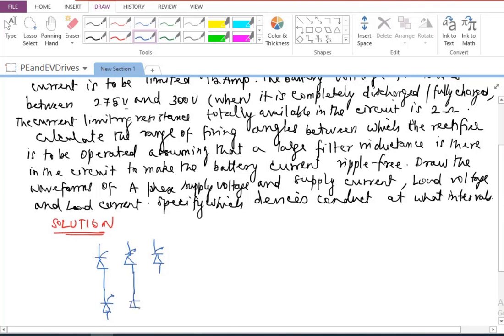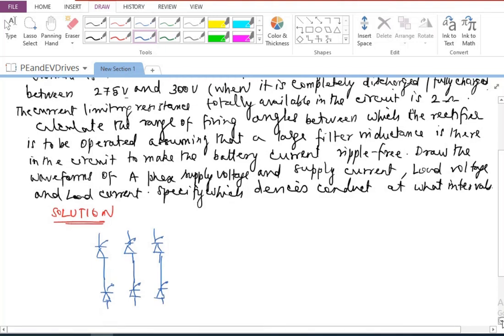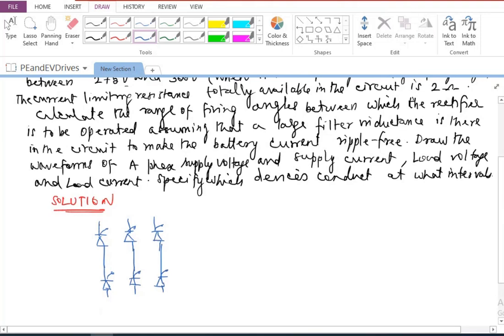So these are the 6 devices we are looking at. So let me complete the circuit.